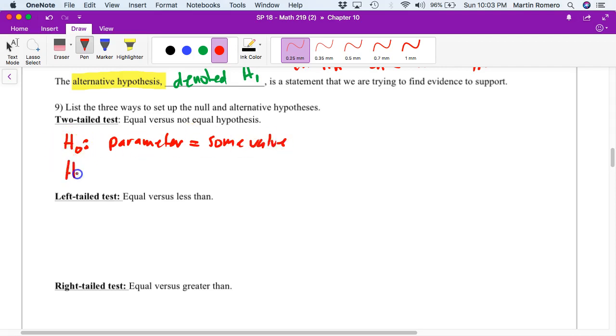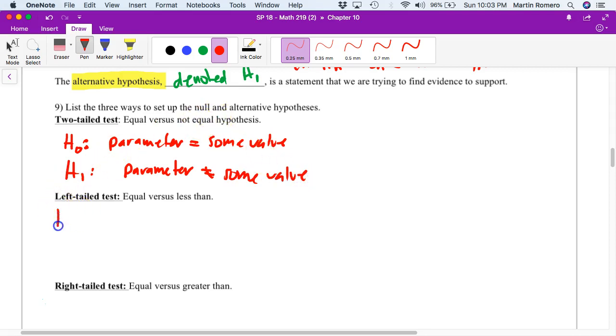And the alternative hypothesis is that parameter, and in this case that could be proportion or mean, is not equal to some value. That's the first type of test.